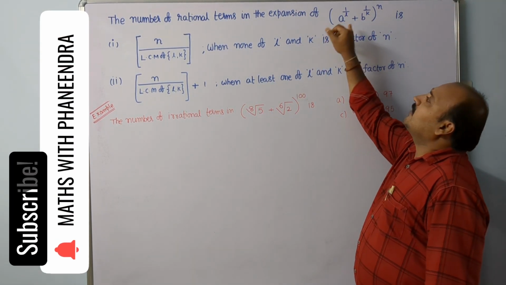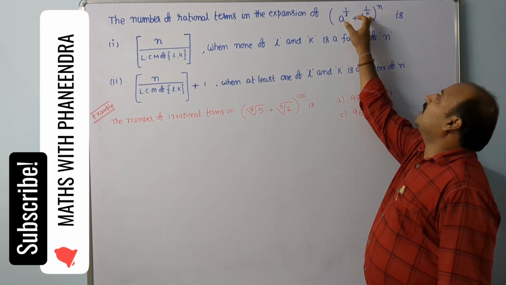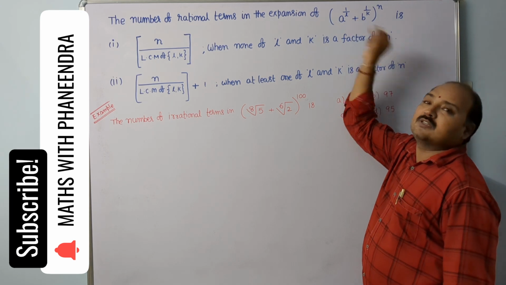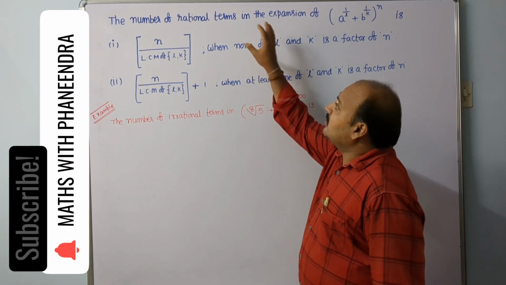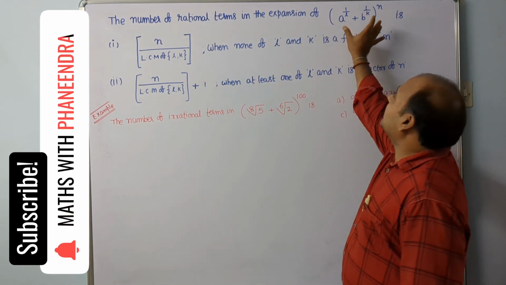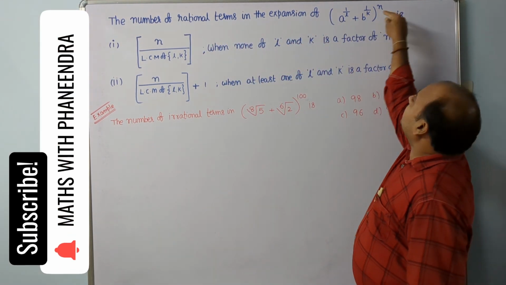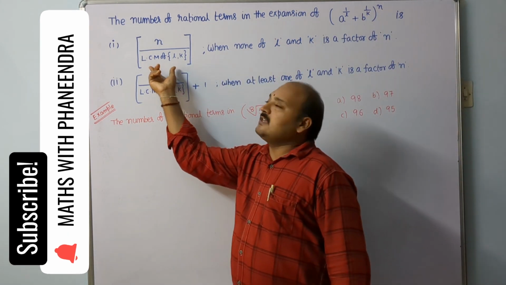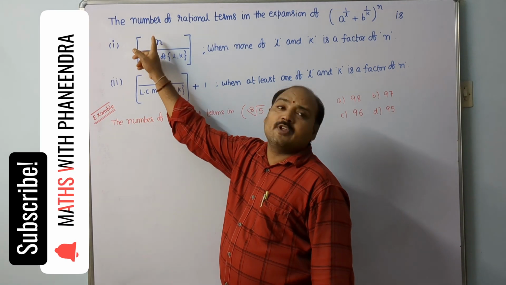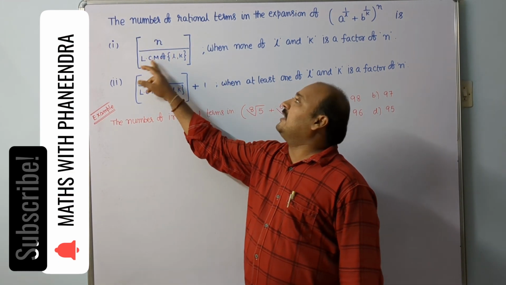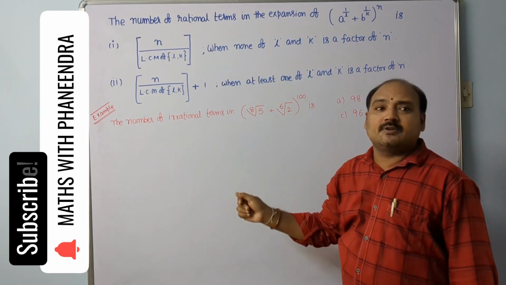L and K: 1/L means the Lth root, the Kth root of b, which are called surds. When L and K are factors of N, the number of rational terms is the floor, the greatest integer function, of N divided by LCM of L and K.